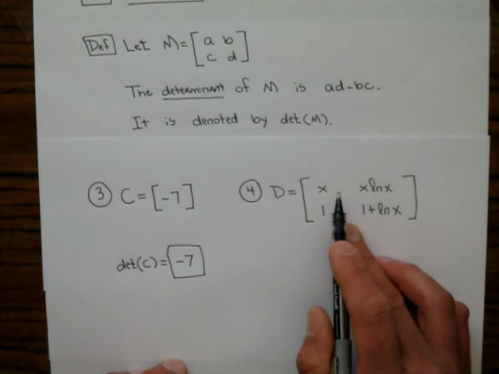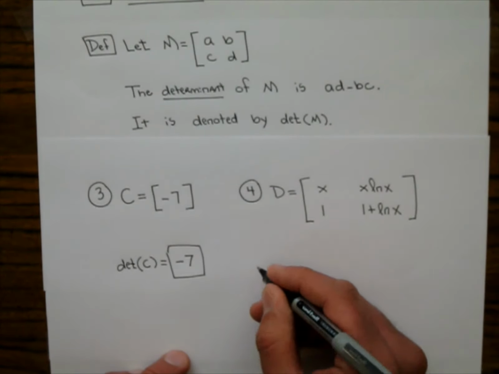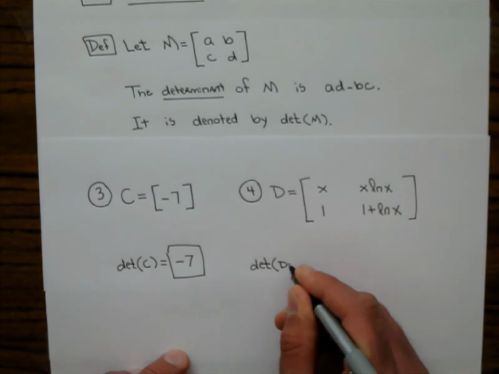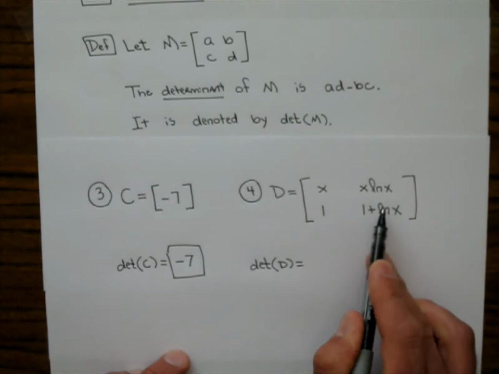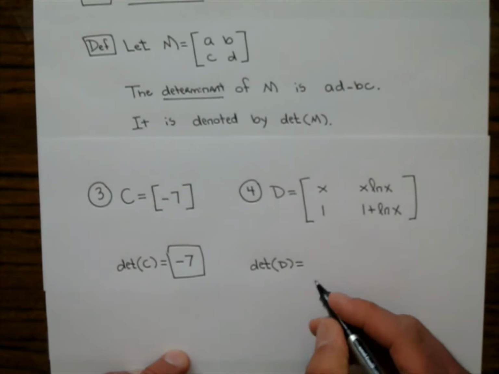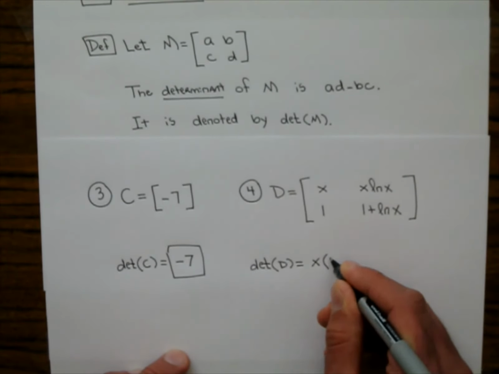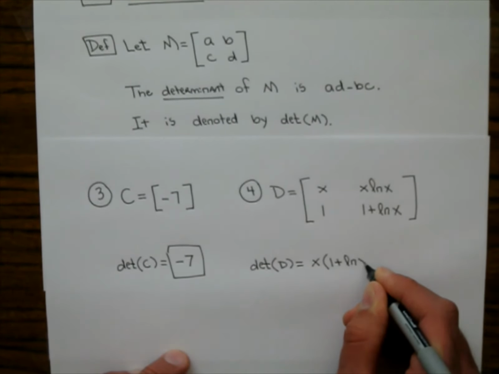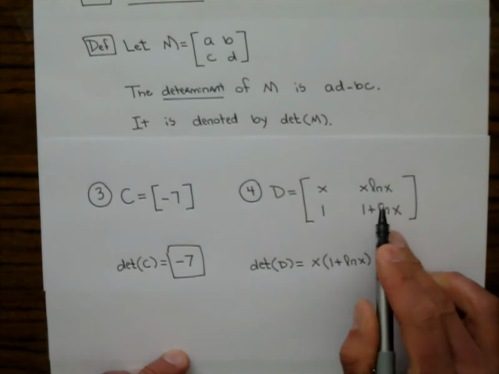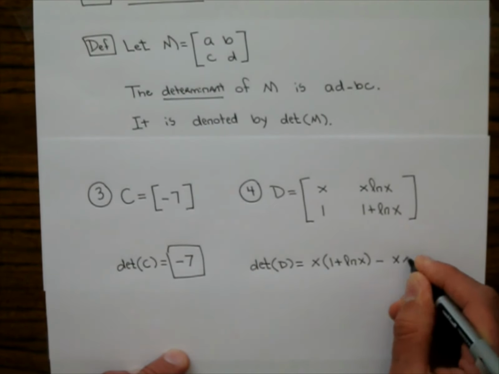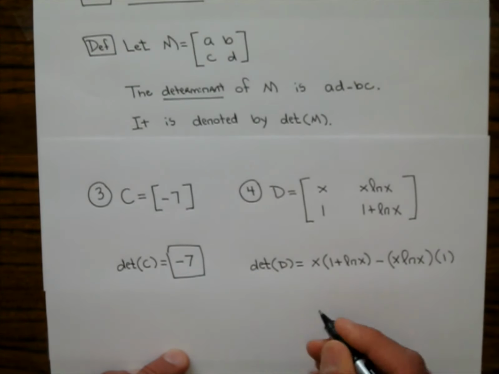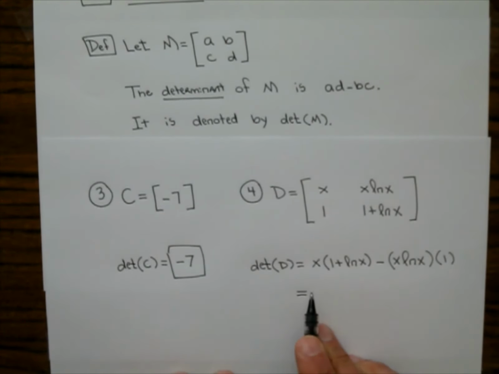Now here's the last one that we're going to do that's 2 by 2. We're going to say the determinant of matrix D is, now this matrix has functions in it instead of numbers, and we're still going to go AD. So I have A, D. It's kind of weird calling those A and D, but they're in the position. Here's A and then here's D minus BC. So X ln X times 1. So let's go ahead and distribute the X there.